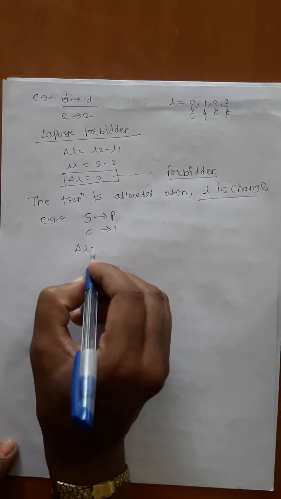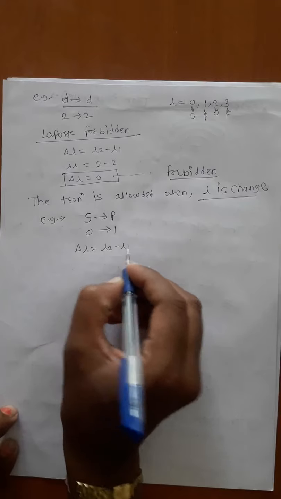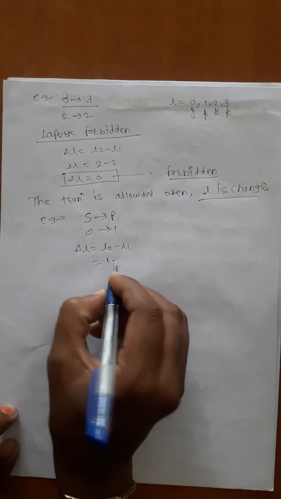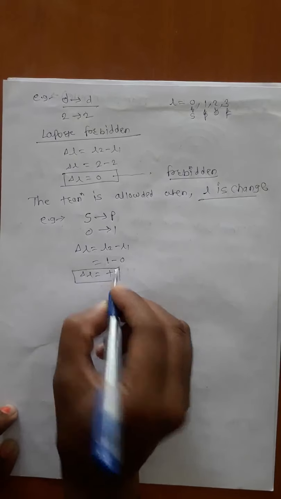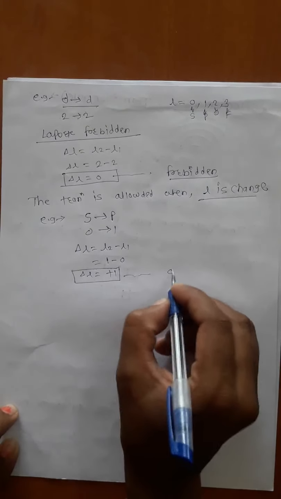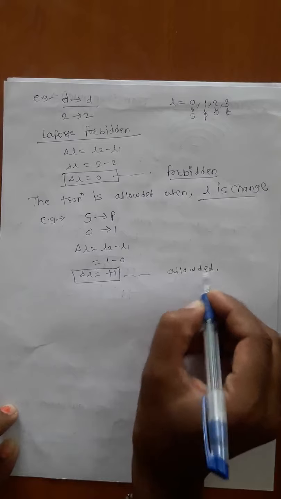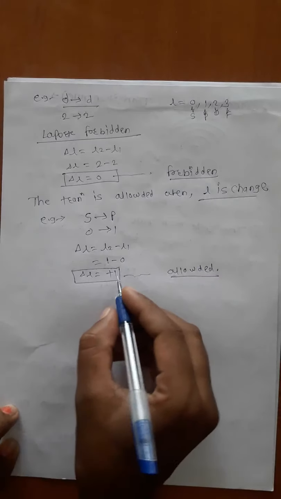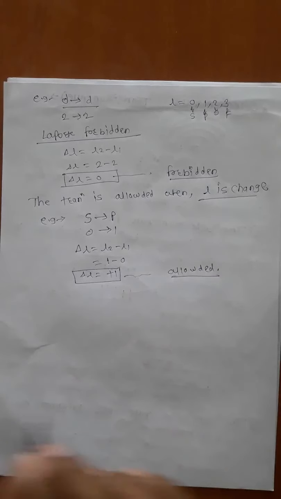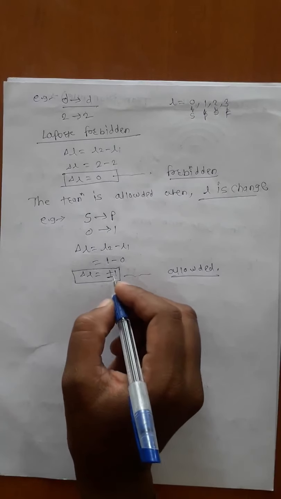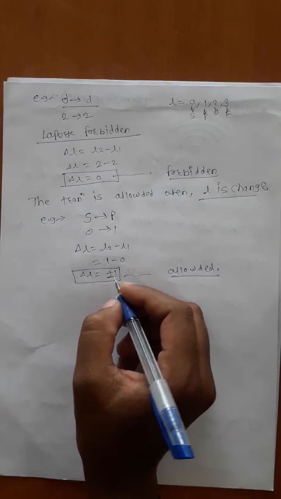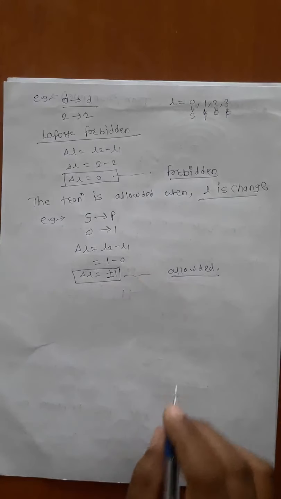Delta L is equal to L2 minus L1, that is 1 minus 0, so delta L is equal to plus 1. This transition is allowed. If delta L is equal to plus or minus 1, then the transition is allowed. The condition for an allowed transition is that delta L is equal to plus or minus 1.